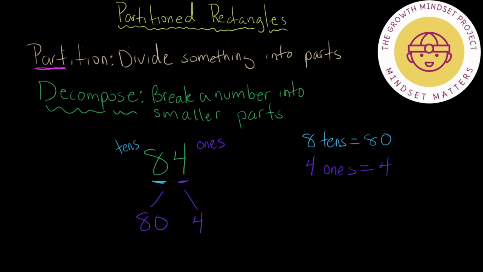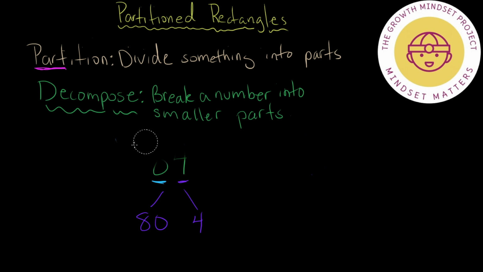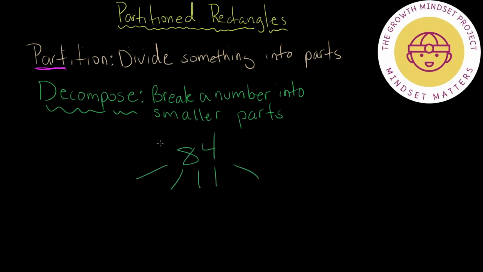You can also decompose into more parts. Okay, let me show you how you would do that. So if we took our number 84 again, we could also say that 84 is 20 plus 20 plus 20 plus 20 plus 4. 20 plus 20 is 40, 40 plus 20 is 60, 60 plus 20 is 80, 80 plus 4 is 84.